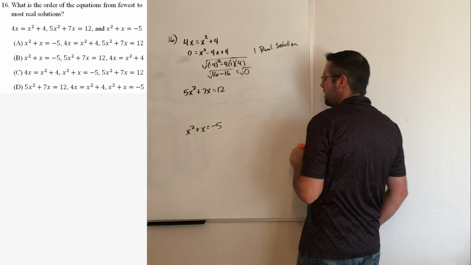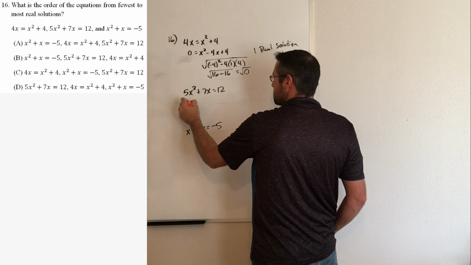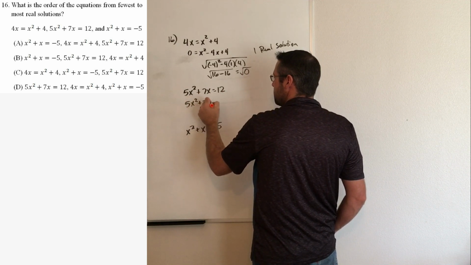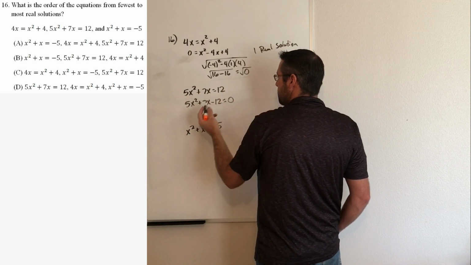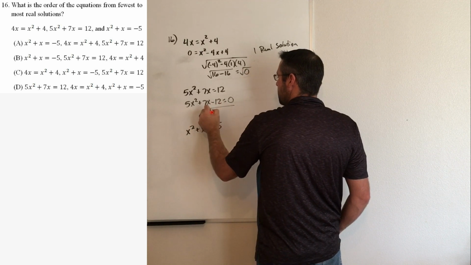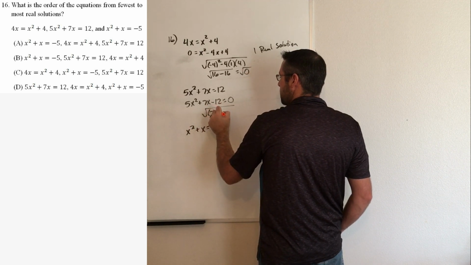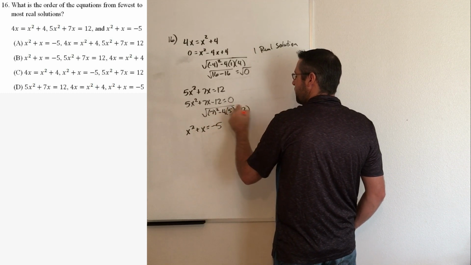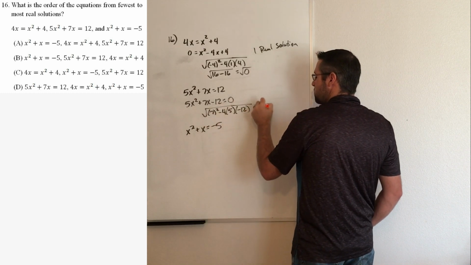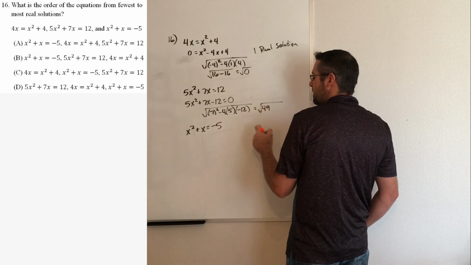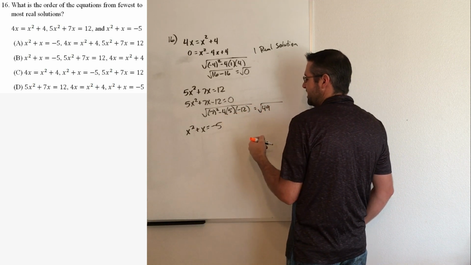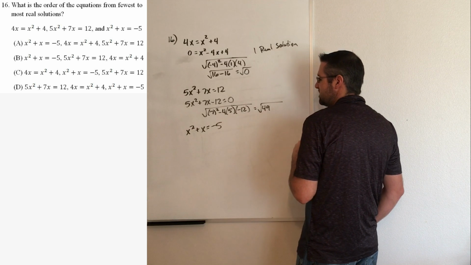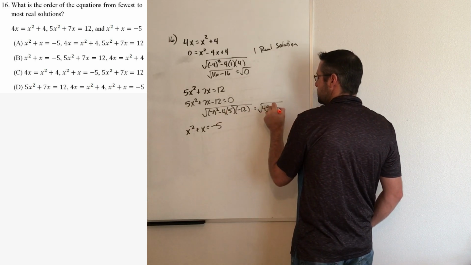Okay. For this guy, we're going to subtract 12 from both sides, so 5x squared plus 7x minus 12 equals 0. We apply the discriminant, so we end up with 7 squared minus 4 times 5 times negative 12. And then really it doesn't matter what this is. 5 times 12 is 60. 60 times 4 is 240.